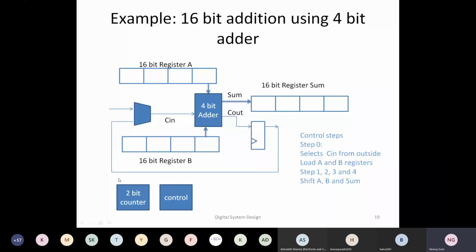The counter will go 0, 1, 2, 3, and whenever the counter is at 0, it will select the C in from the outside, and also load register A and load register B. After that, for 1, 2, 3, it will keep on shifting the registers. That's it. This way the whole circuit can be implemented.